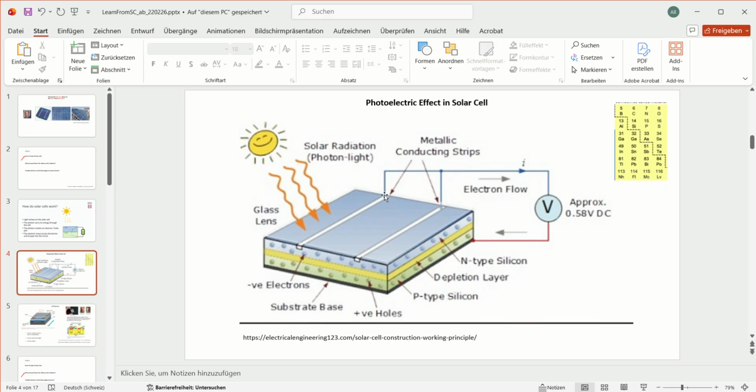And then you have a circuit, so the electrons can flow through metallic lines and do some work, and then they're gonna flow into the P layer. Physics teaches us that charges go from positive to negative, but actually, because they are electrons and electrons are negatively charged, they go from the N layer, from the negative part to the positive part.